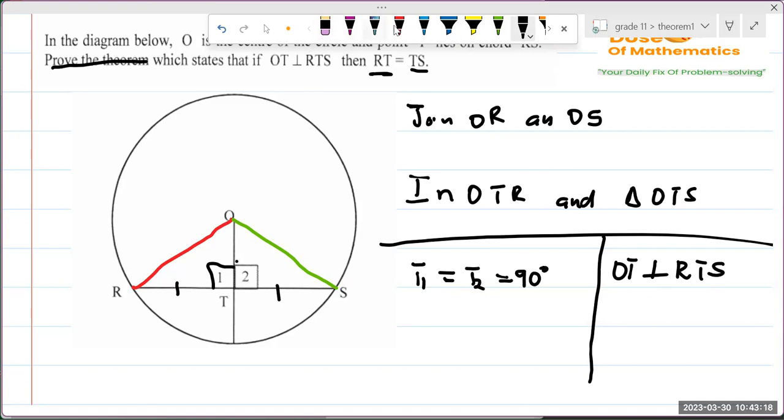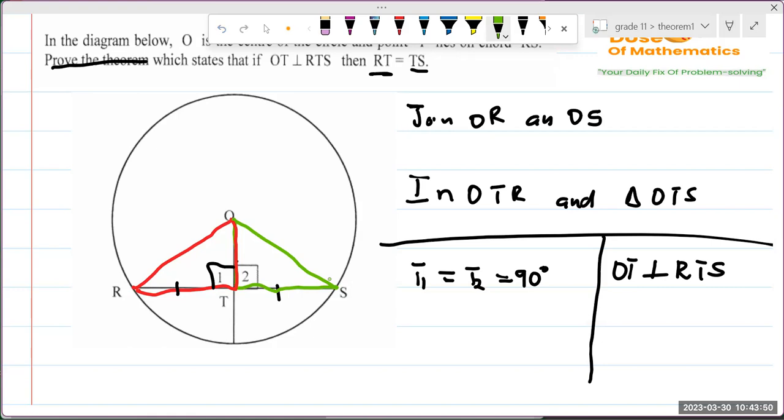What else can we say? In these two triangles, let's look again. I will make this one red, and then let's make the other one green. As you can see, there is a line which has both red and green. In these two triangles, triangle OTR and triangle OTS, there is a line which has green and red.